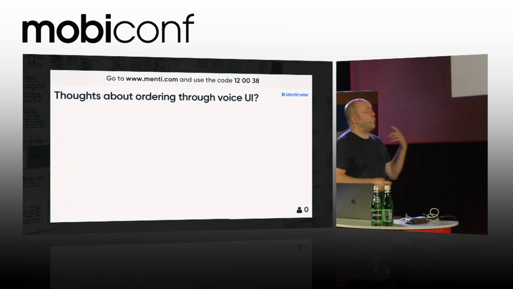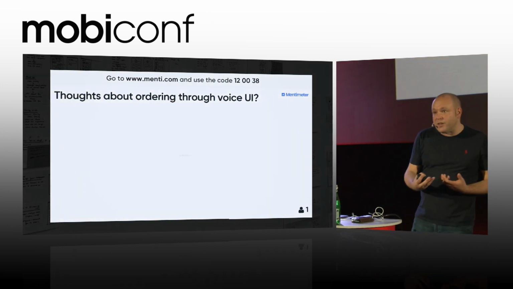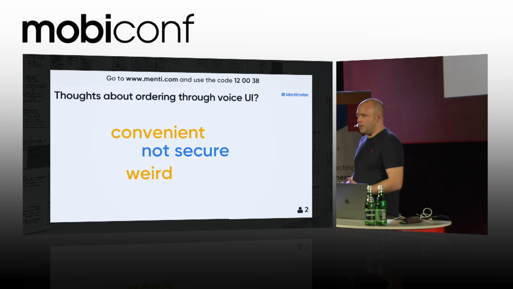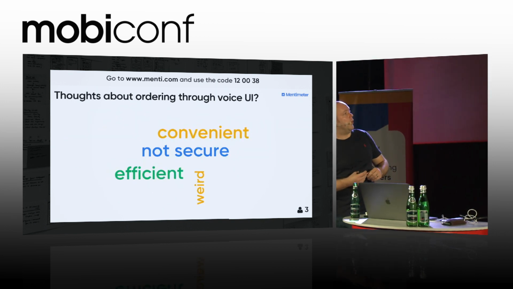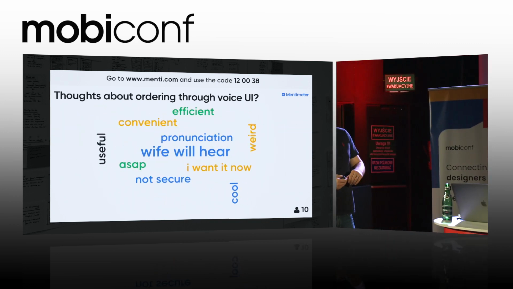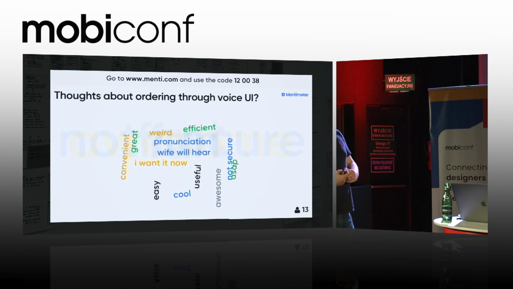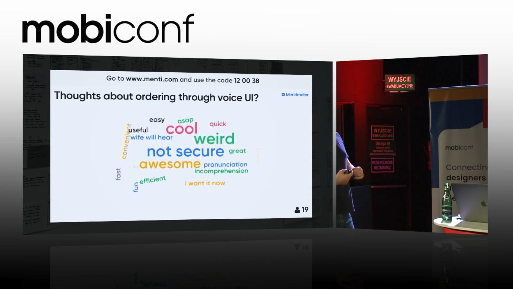I think some of the things that were starting to come out with the previous app design, of course, were concerns around privacy. Is this connected to my phone? Fantastic, not secure. Weird, absolutely. I want it now, fantastic. Great, convenient, quick, fun, fast.